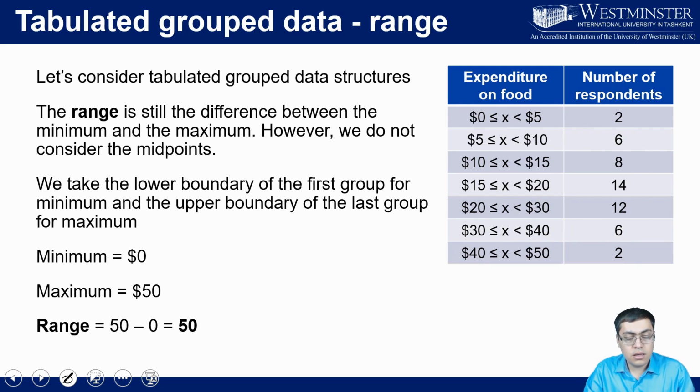So when we are taking the minimum of our range, what we do is we take the lower boundary of our first group for the minimum. In that case, that's going to be 0. And for the maximum, we take the upper boundary of our last group. That's going to be 50. So their difference is going to be 50, and that is my range.